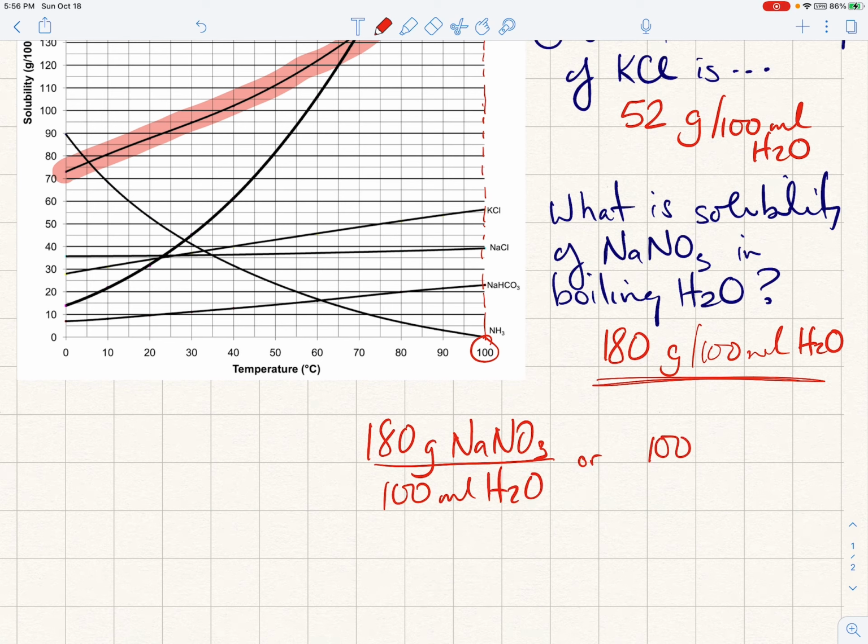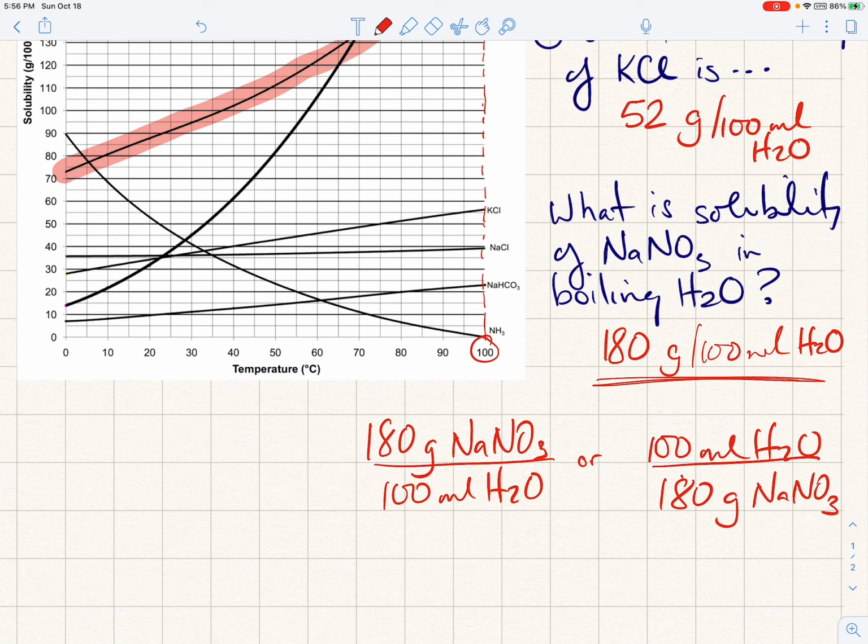Or you could say 100 milliliters of water will dissolve 180 grams of sodium nitrate. So the solubility can be written in either way, but notice whichever way you write it, it's a unit multiplier.